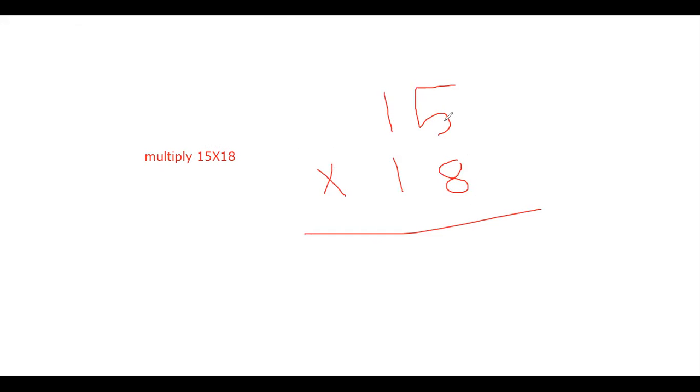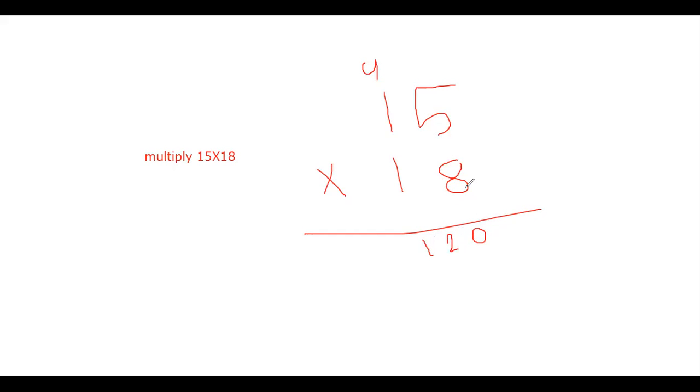So 8 times 5 equals 40. So the ones here, which is 0, and the tens here, which is what? 4. Now we're done with multiplying the 8 with the 5. I will multiply the 8 with the 1. So 8 times 1 equals 8 plus 4 equals what? 12. So here that will be equal to 12.